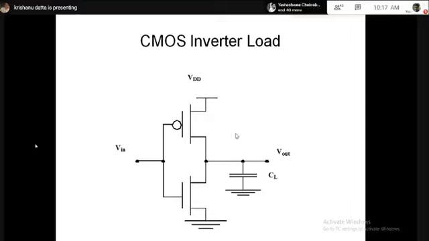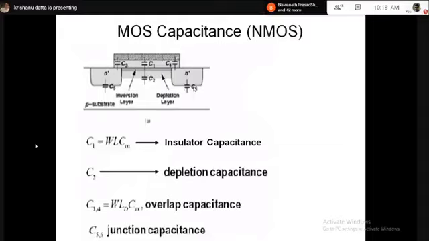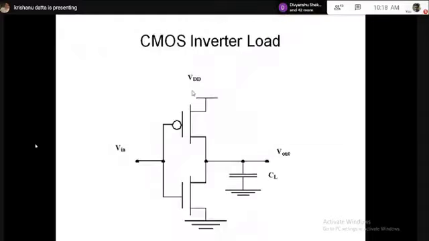Now let's observe this circuit carefully. At the drain end, there is a driver capacitance, and the source capacitance, which I already explained is like the drain capacitance, is the diode or junction capacitance. So there will be one diode capacitance from the PMOS side and one from the NMOS side.